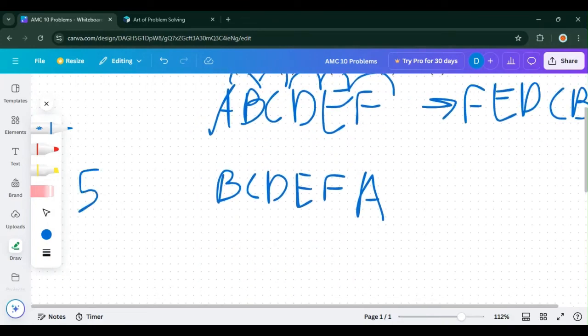Now, the second letter that we want to move to the position just left of A is B. So B has to move between C and D. B then has to move between D and E, E and F, and then F and A. That's 4 moves.